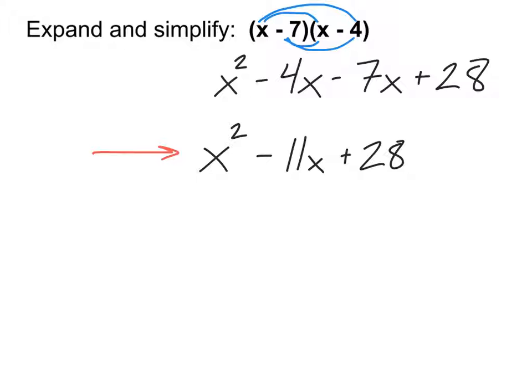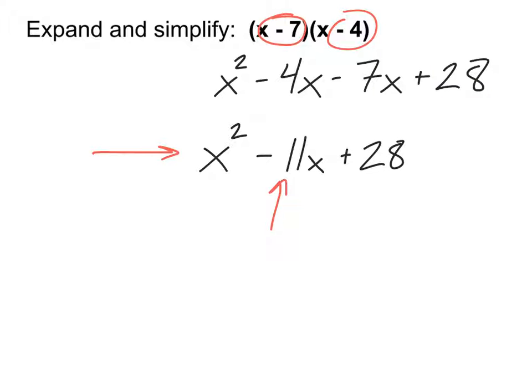Well, notice where we got those numbers from. This minus 11. What did we do to get that minus 11? Notice what numbers it comes from up in the original problem. What did I do with the minus 7 and the minus 4? We just added them.